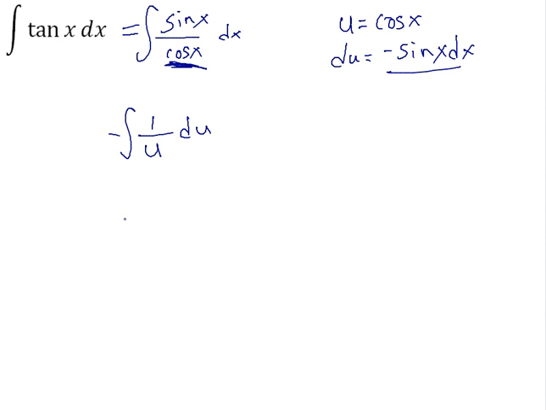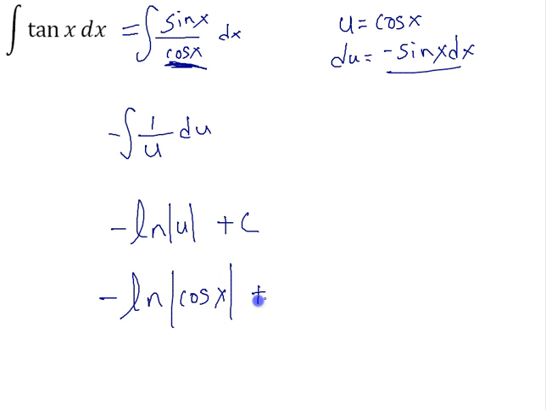So when we evaluate this integral, we get the negative of the natural log of the absolute value of u plus c. So we go back to, well, what's our original substitution? u is cosine of x. So this is equal to the negative natural log of the absolute value of cosine of x plus c.